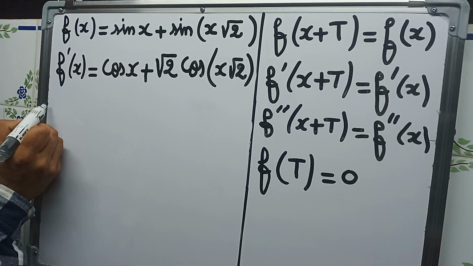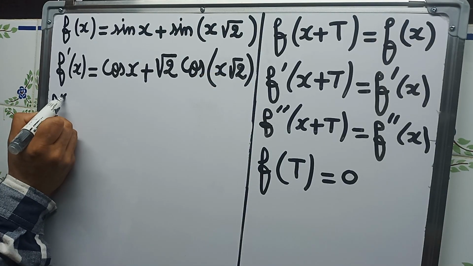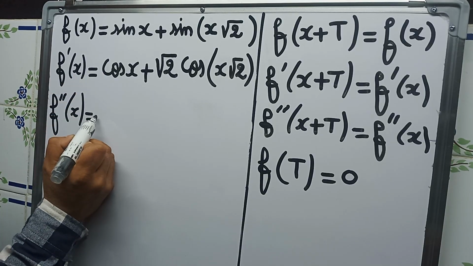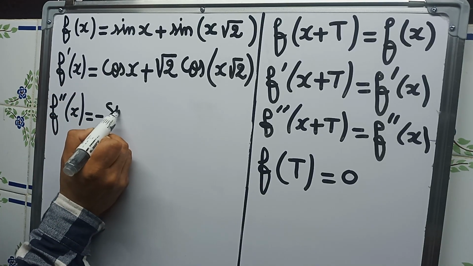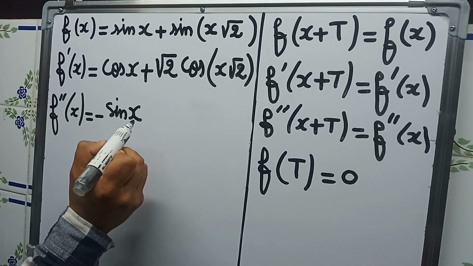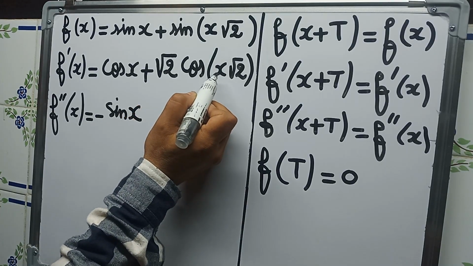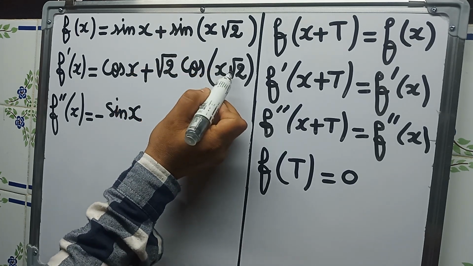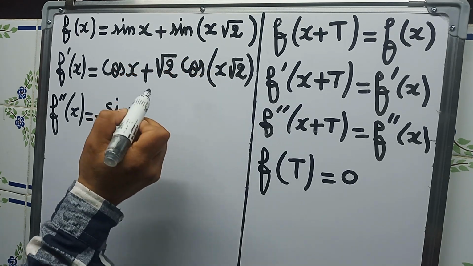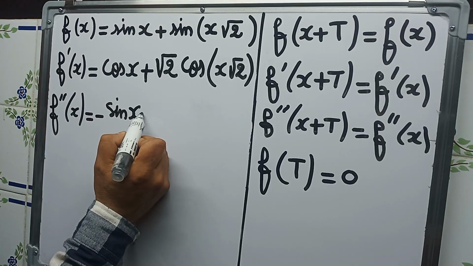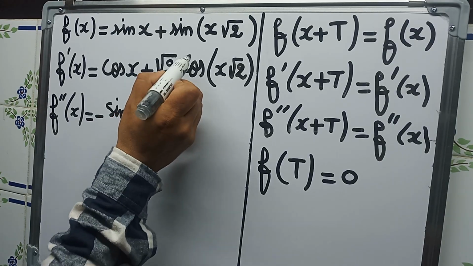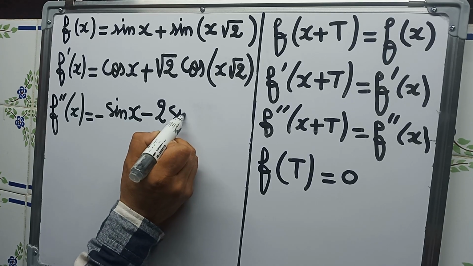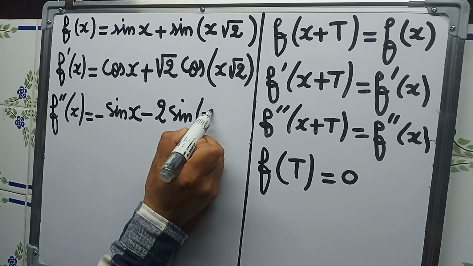Now, f double prime of x is equal to cosine prime of x is minus sine of x, and here cosine x square root of 2 prime. X square root of 2 prime is square root of 2, and square root of 2 times square root of 2 is 2, with minus, because cosine prime is minus sine, so minus 2 sine x square root of 2.